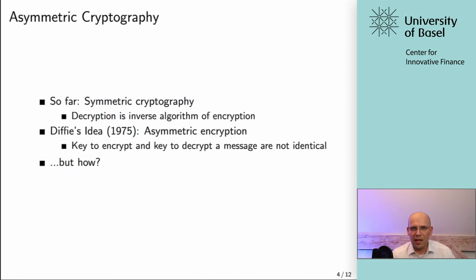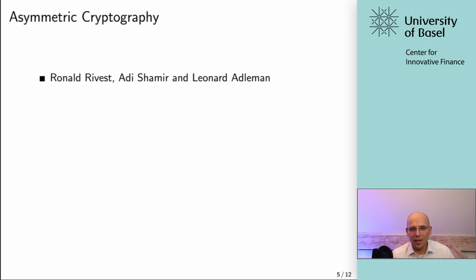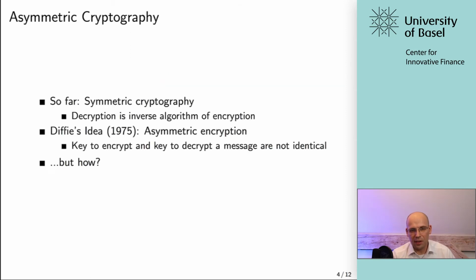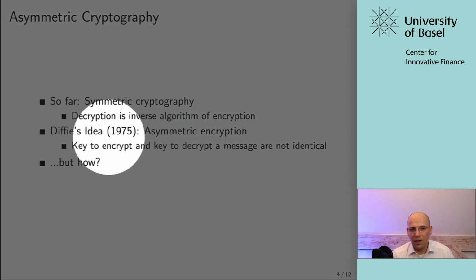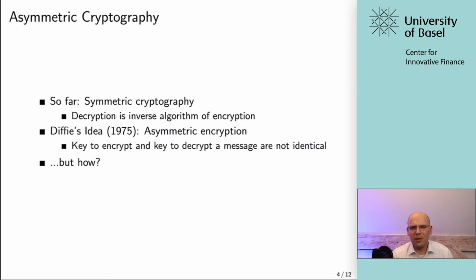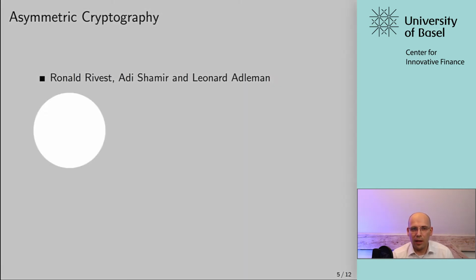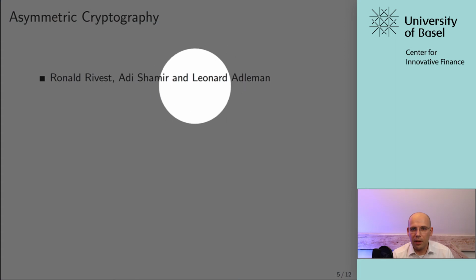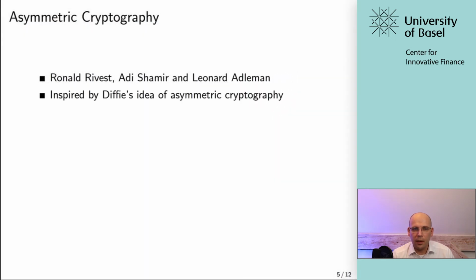But how are you going to do that exactly? How does it work? The first practical solution, I mean, so far it's only been theoretical, the idea. It's been a great idea, but they couldn't find any mathematical equations, any functions that would actually satisfy the properties to establish something like that. And it has been done by Ronald Rivest, Adi Shamir, and Leonard Adleman.